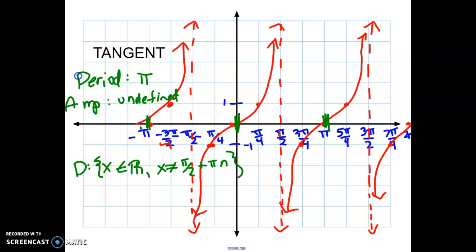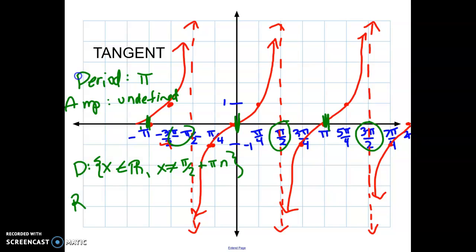So what this means is that my first asymptote occurs here at pi over 2, and then if I keep adding pi to that, I'm going to keep getting to all of my asymptote values. So again, pi is the period. So if I keep adding pi from my first asymptote, I'm going to find all of my other asymptotes.